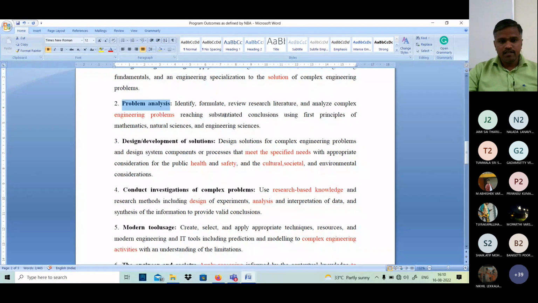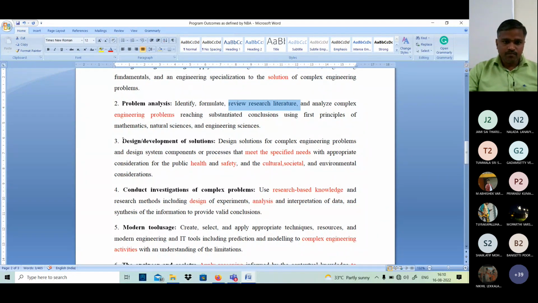By using the knowledge you got from the graduation, you can analyze the problems by using previous research literature. Using that you can analyze the problems, right?